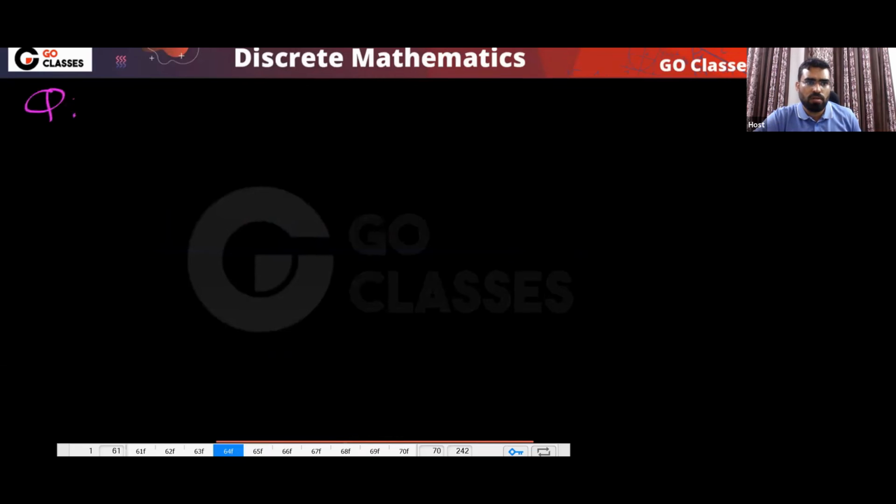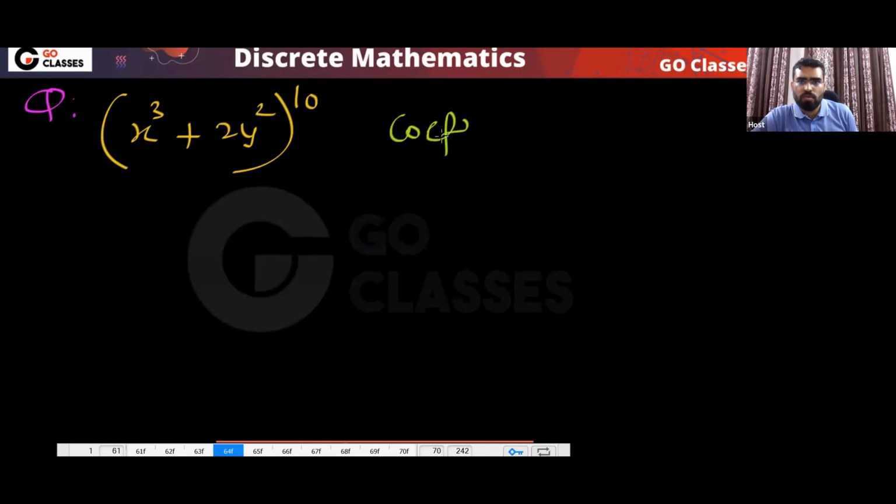So let's assume you have (x power 3 plus 2y power 2) power 10. Then my question is, what is the coefficient of some term? This is the type of question they can ask you.